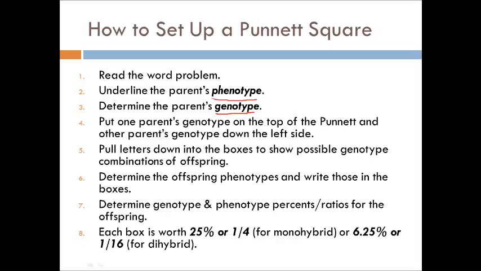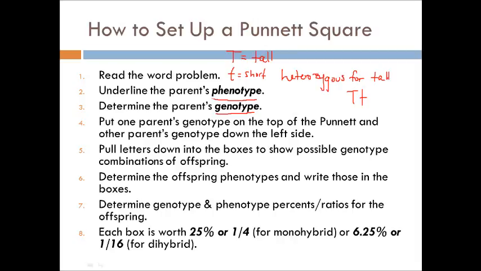So let's say that they are heterozygous for tall. We use the fact that big T is tall, and little t is short. So if it's heterozygous for tall, that means that parent would be a big T, little t.